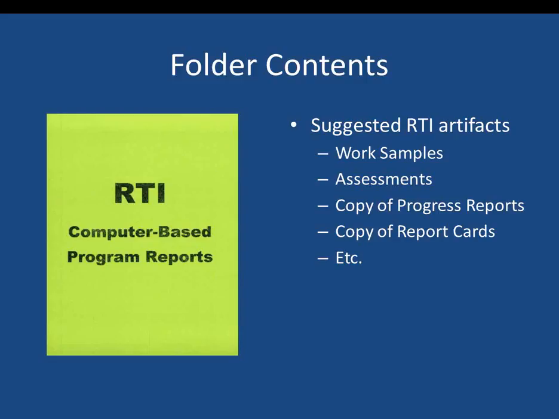The Easy CBM is going to be that assessment that you use to probe your students. Every tier student should be probed once a week. I'm sorry, every 2 weeks.